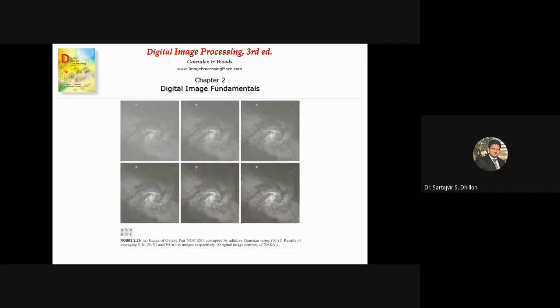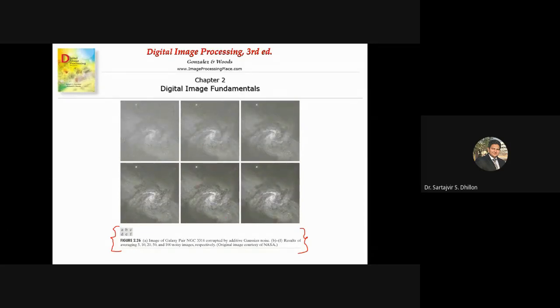This is an example of a digital image operation. I will explain this image in the next lecture, because it is concerned with averaging as well as smoothing.